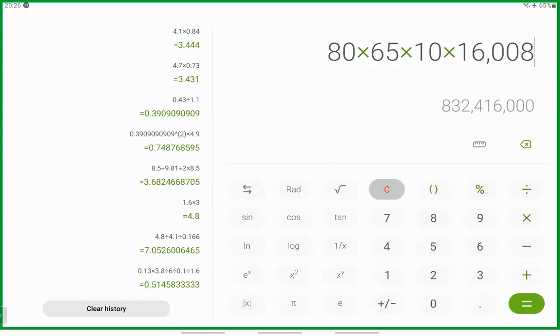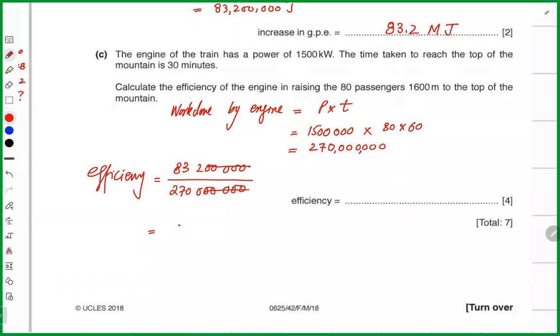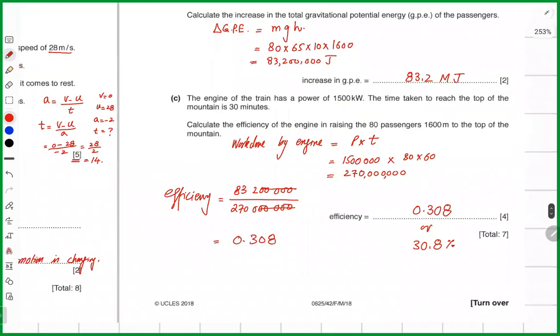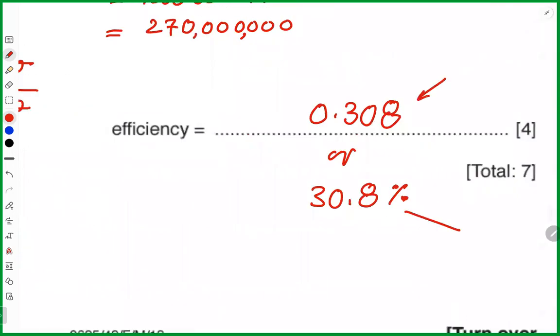It's 30.8%, or 0.308. You can either write 0.308, that is okay, or 30.8%. Efficiency can be a fraction as well. This is efficiency and this is percentage efficiency. Okay, sir.